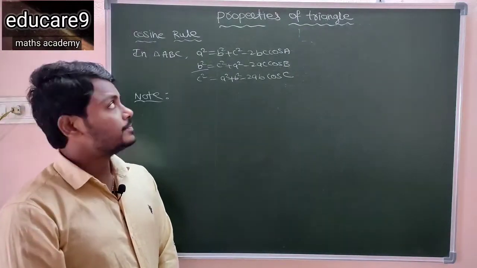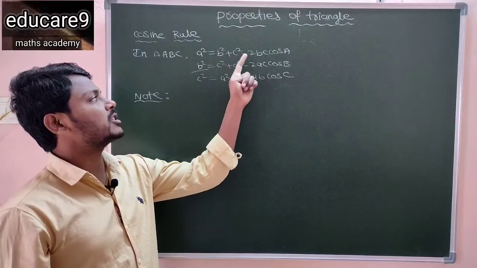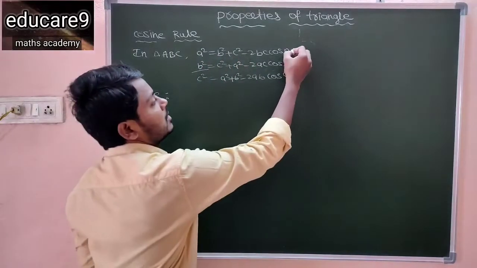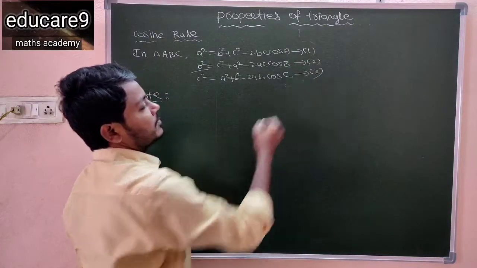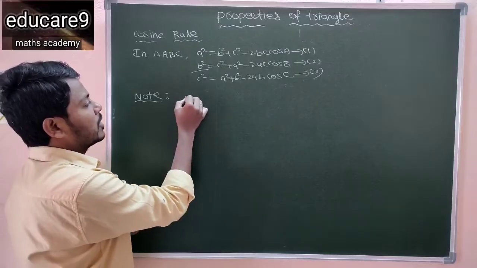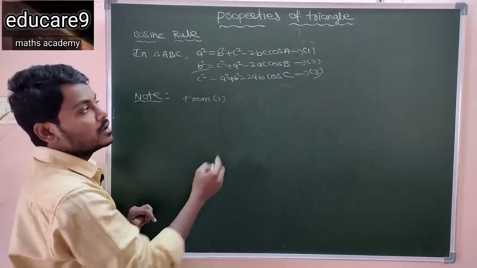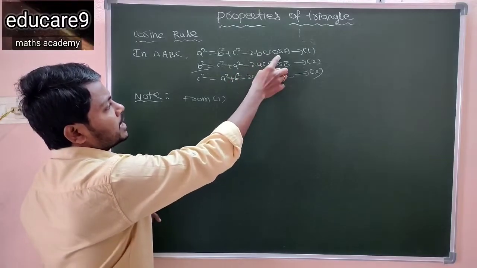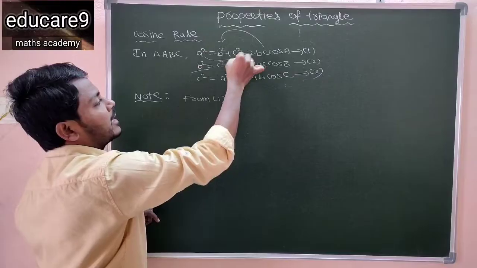So see here, next one. You know that the cosine rule is a squared equal to b squared plus c squared minus 2bc cos A. So this is equation 1, this is equation 2, this is equation 3. So see here, from equation 1 or from the cosine rule, 2bc cos A send to the left side and a squared send to the right side.